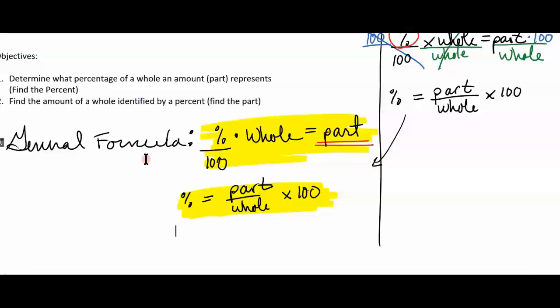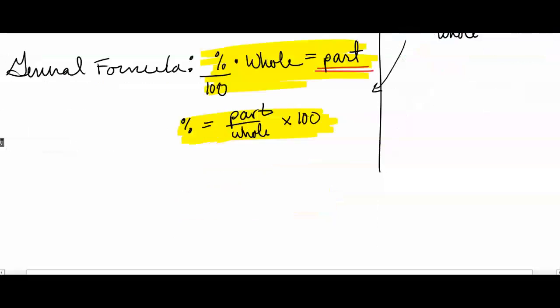To find a percent, part divided by whole times 100 to make it a percent instead of a decimal. To find the part, percent times the whole gives me a percent, dividing by 100 gives me the actual number, the decimal part. Percent means per 100.